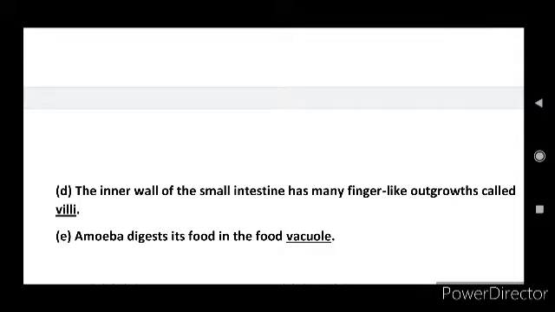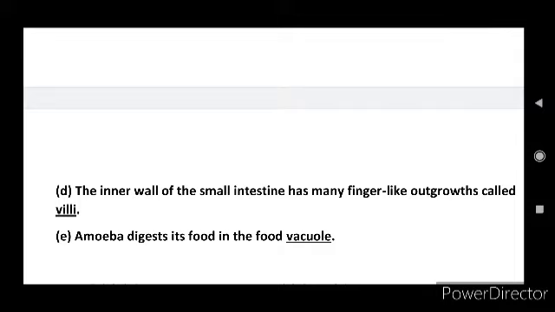In singular we call it a villus. This villus has a network of thin and small blood vessels close to its surface. So the surface of the villi absorbs the digested food material.